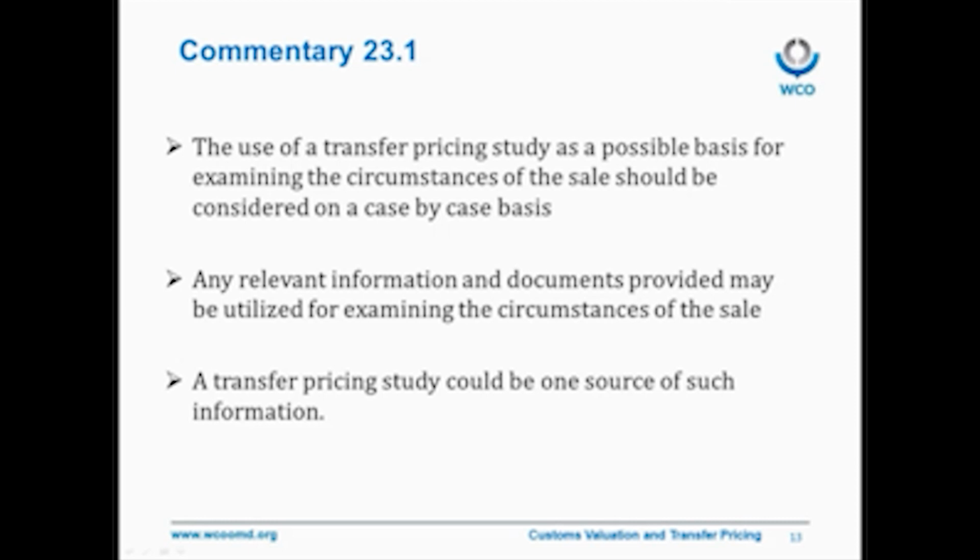Could you show us an example? Yes, I think the same question arose from the delegates of the Technical Committee, and the Technical Committee finally adopted another instrument, Case Study 14.1, just to show the application of Commentary 23.1 in a real case.